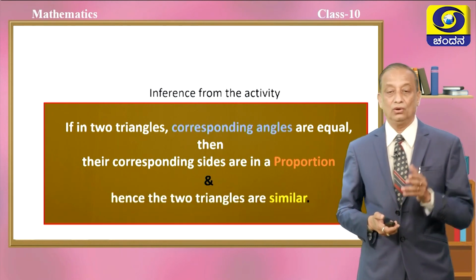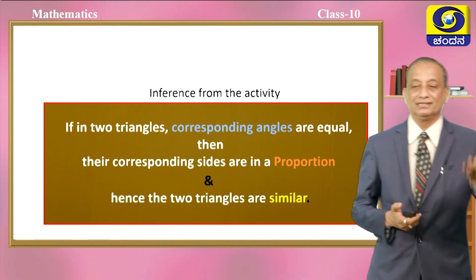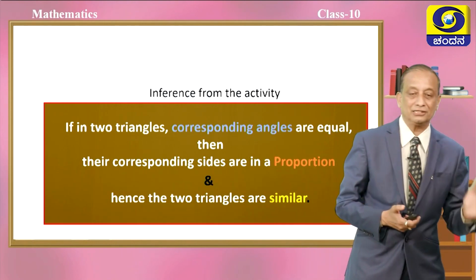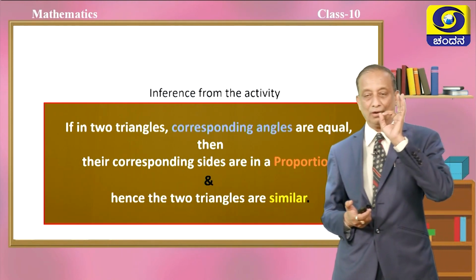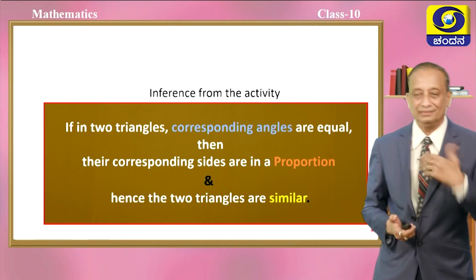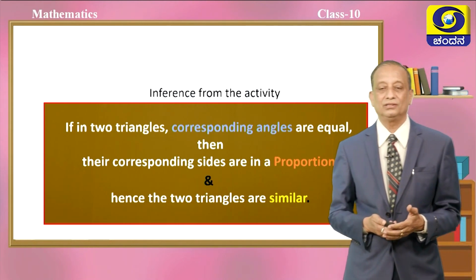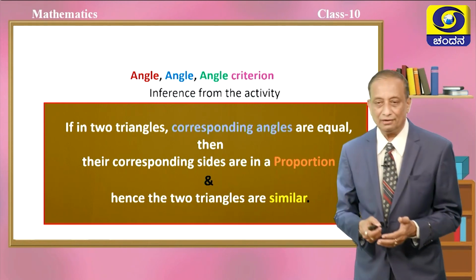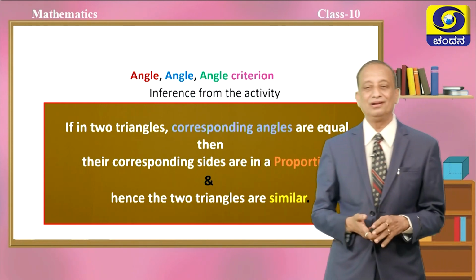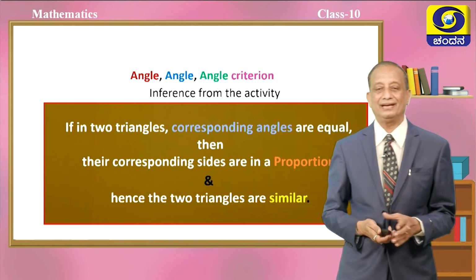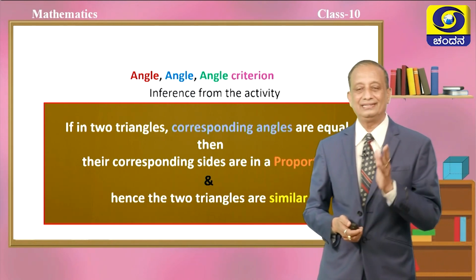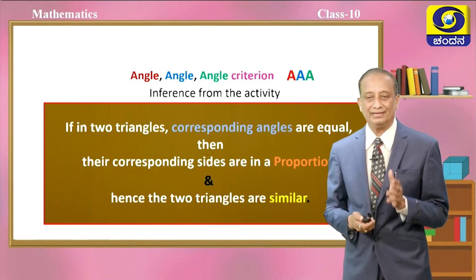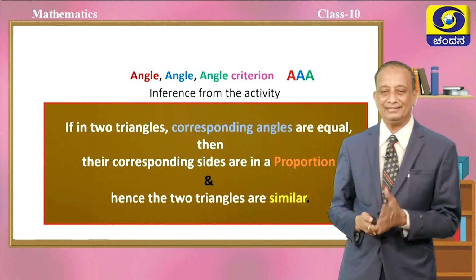Okay. So, if the corresponding angles, that is if three angles of one are equal to three angles of another, then the corresponding sides will be in one particular proportion. Thereby, you can say that the two triangles are similar. Children, from today onwards, we will call this property as angle criterion, or simply we will call it as AAA criterion.